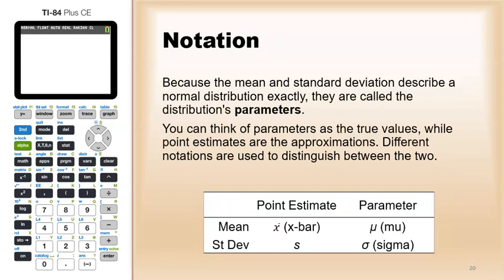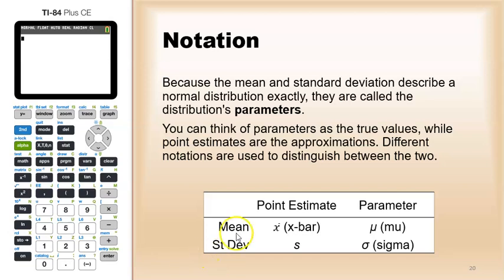Now, because the mean and standard deviation describe a normal distribution exactly, they're called the distribution's parameters. So, you can think of parameters as the true values, whereas point estimates are the approximations. And to distinguish between these two, we have two different sets of notation.